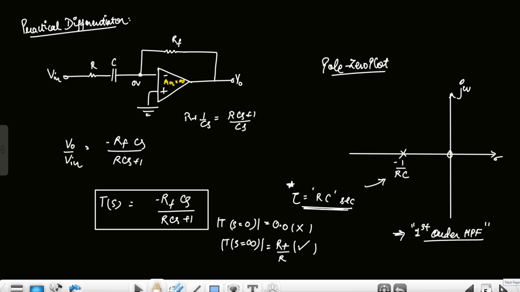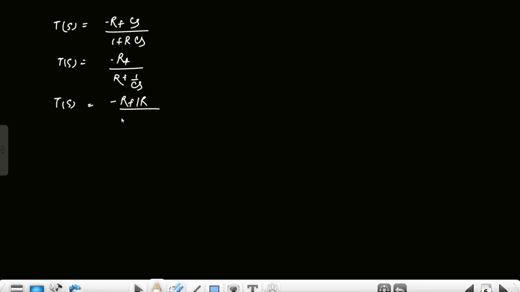Now for the frequency response of this transfer function: the transfer function is minus RfCs upon 1 plus RCs. If I divide the numerator and denominator by Cs, it will be minus Rf upon R plus 1 upon Cs. Now taking R common from the denominator, it will be minus Rf upon R, upon 1 plus 1 upon RCs.